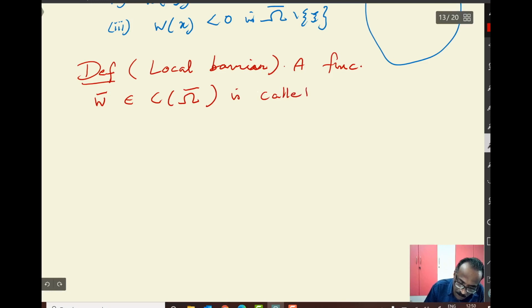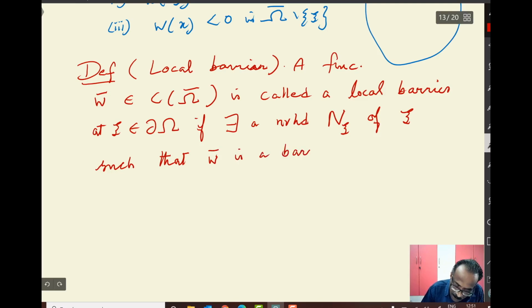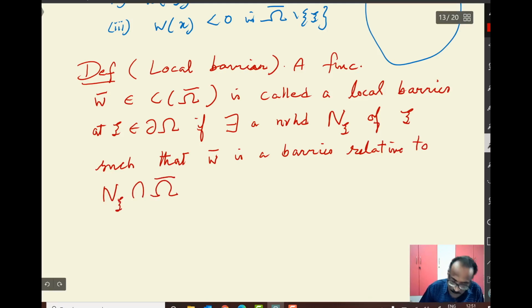So it's nothing relative, that is called a local barrier at ψ in ∂Ω if there exists a neighborhood N_ψ of ψ such that w̄ is a barrier relative to this neighborhood, that is, relative to N_ψ intersection Ω̄. So that's how you are looking at it.